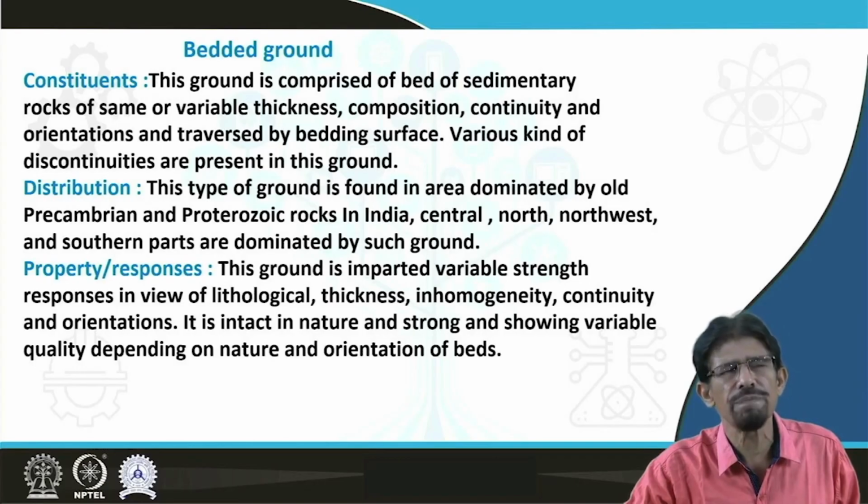Bedded ground is a ground which is comprised of beds of sedimentary rocks of same or variable thickness, variation in composition or same composition, continuity and change in orientation or same orientation, traversed by bedding surface or not traversed by bedding surface, etc. This type of ground can be observed in the case of the older Precambrian and Proterozoic sedimentary rocks, and the basins belonging to these types of sedimentary rocks.